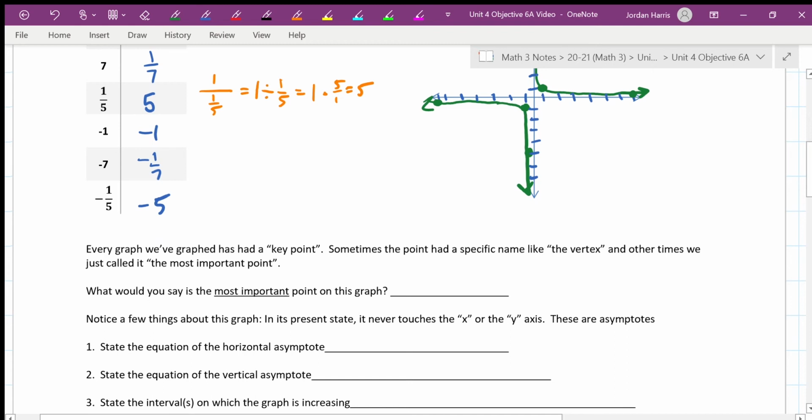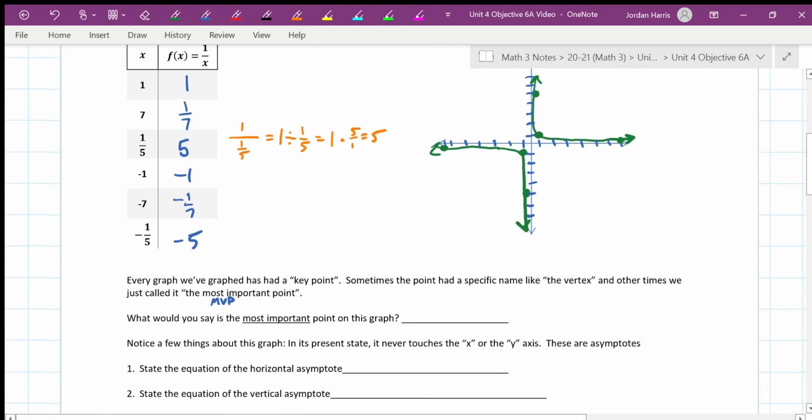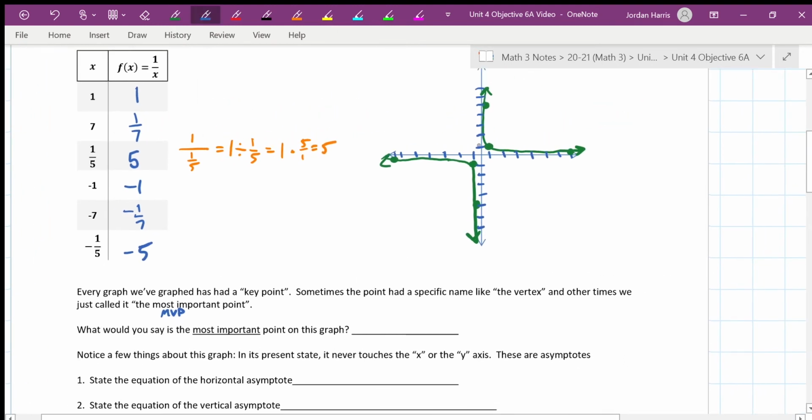When we look at our key point, we've always had key points with graphs, like the vertex. This time we're going to call it the MVP, the most important or most valuable point. Interestingly, the most important point on this graph is where the asymptotes cross.